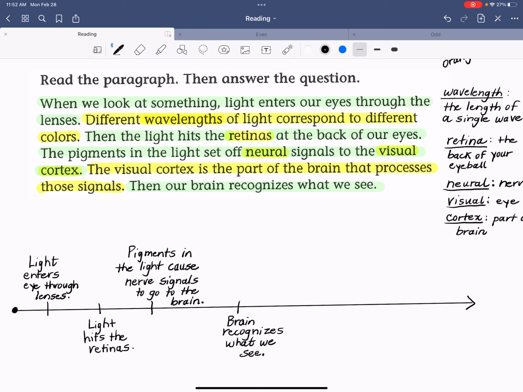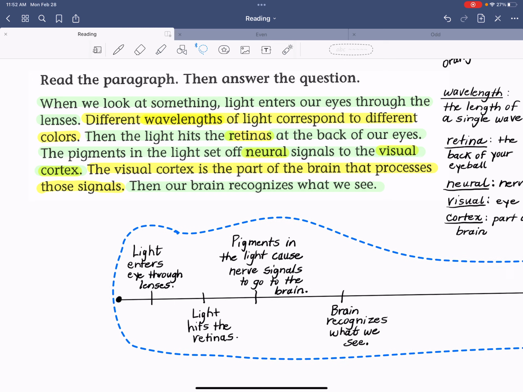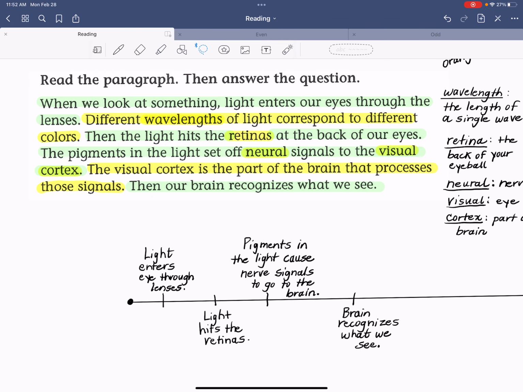That really should have been the first step. And actually, let me go ahead and change that. You don't have to do this, but I should have caught that. So I'm going to move that on over. And I'm going to remove that so that I can add just a little bit of my line, and we'll make this become the beginning spot. So this all starts when we look at something.